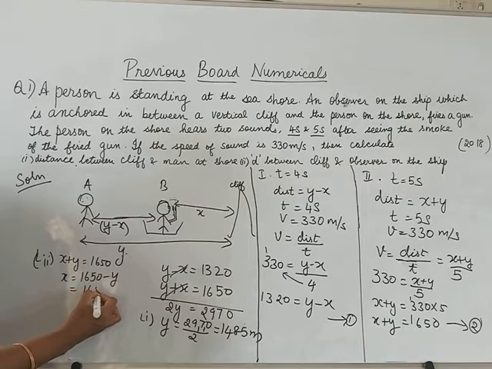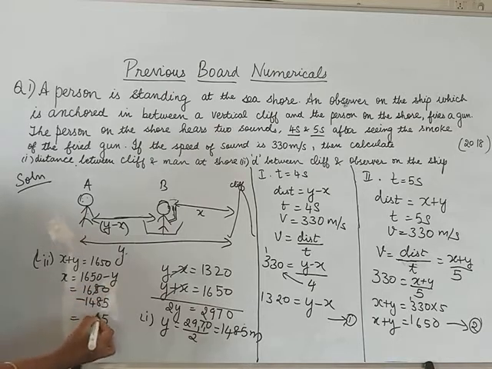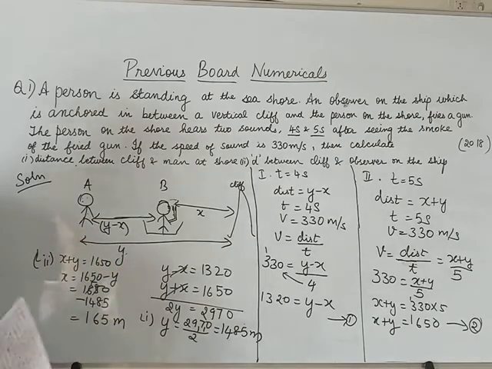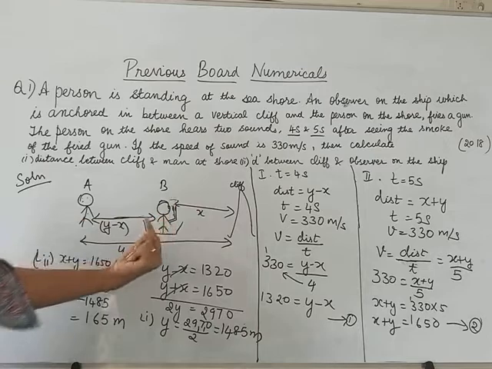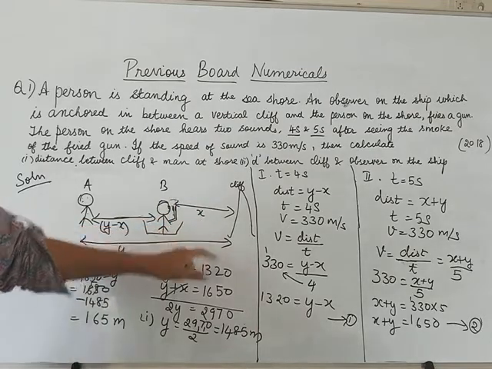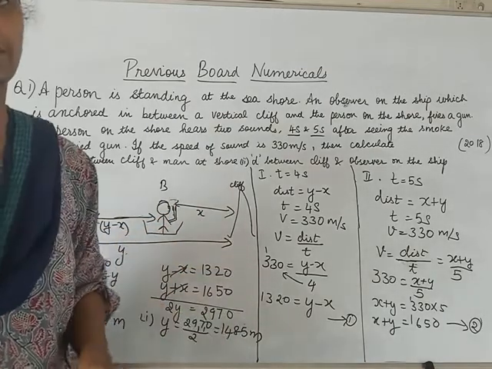That is 1650 minus 1485. This will be 165 meter. So this distance is 165 meter and this distance is 1485 meter.